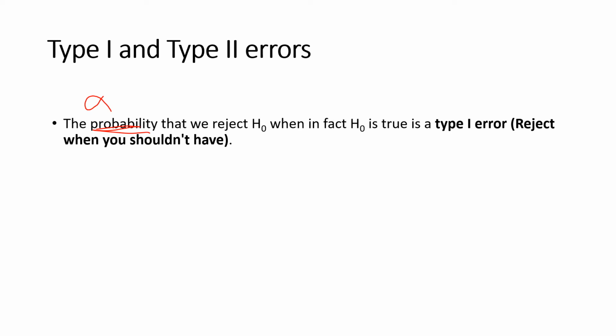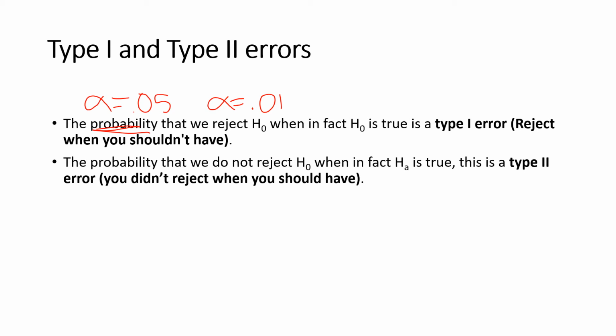The probability of you getting it wrong is your alpha. So if your alpha is 0.05, that means there's a 5% chance that you make a type 1 error. So if a type 1 error is really, really bad, then you might want to choose a lower significance level so that you're less likely to make this type of mistake.